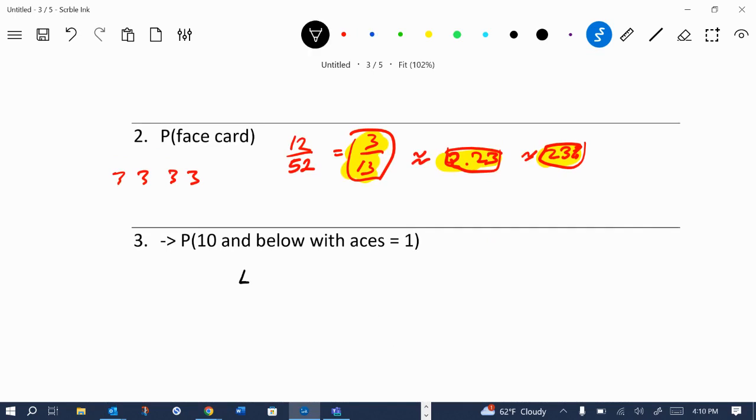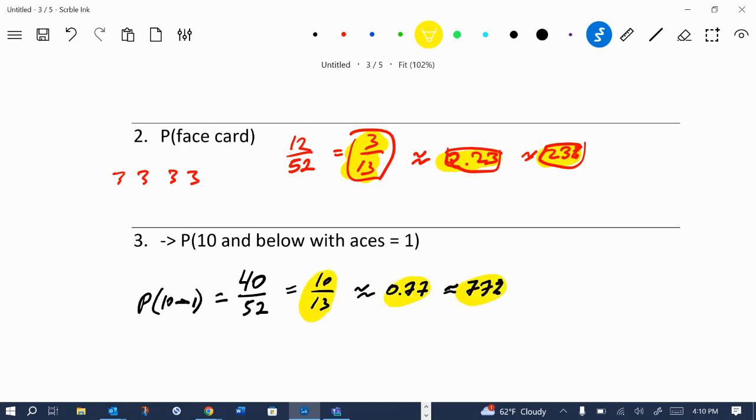So that's actually a total of 40. So the probability of 10 and going down to 1 is 40 over that total of 52, which reduces to 10 over 13, which is approximately 0.77 or approximately 77%.